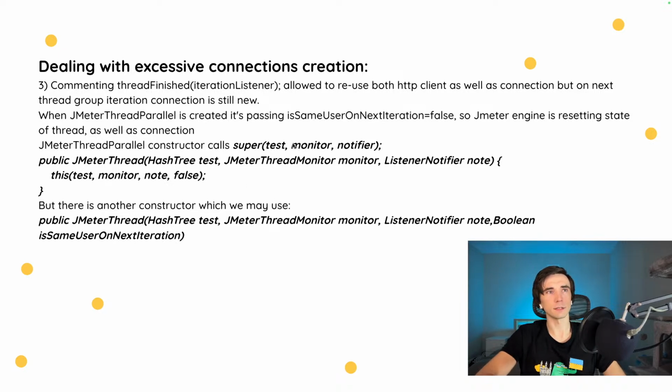It is using a constructor with only 3 parameters, with the test monitor and notifier. But it has no ability to pass is same user on next iteration. That was added later. The current implementation of the parallel controller was based on JMeter core version 3.1, so a pretty old one, and in that core there was no way to pass is same user on next iteration.